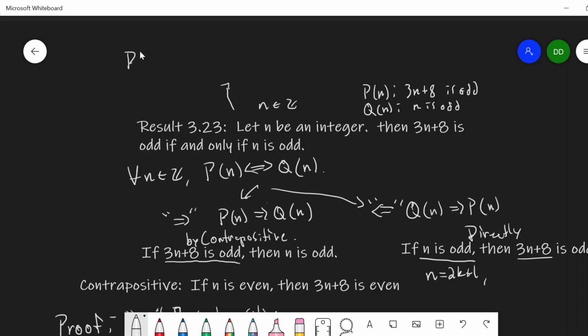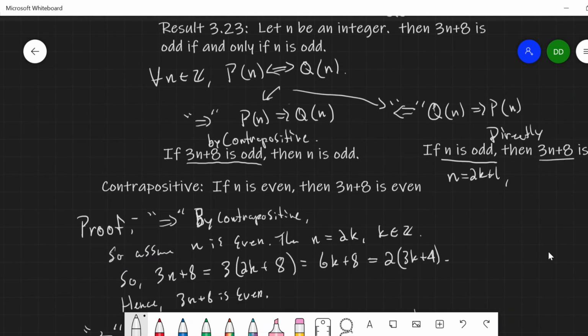That is, p of n if and only if q of n is actually equivalent to not p of n if and only if not q of n. So that would have been read: n is even if and only if 3n plus 8 is even. That's okay. These two things are equivalent. If you're not convinced, look at a truth table.